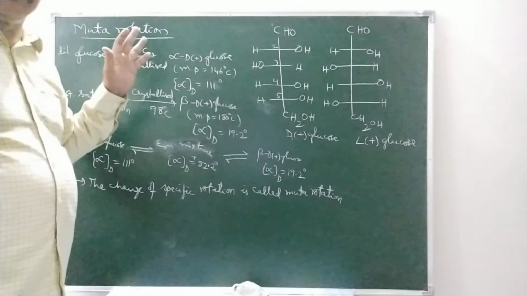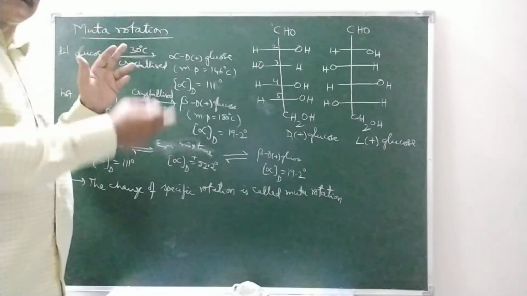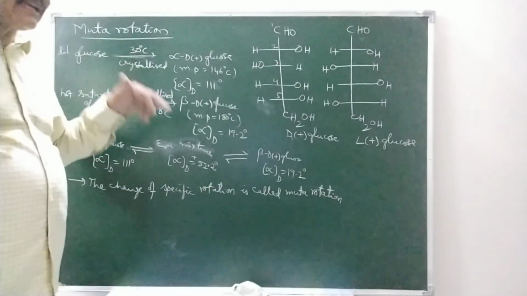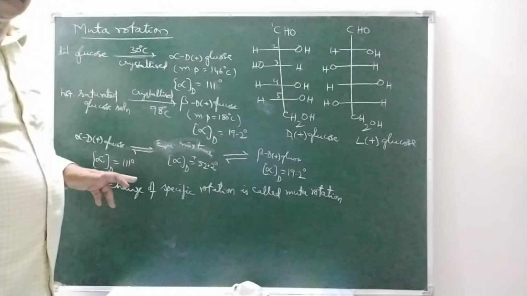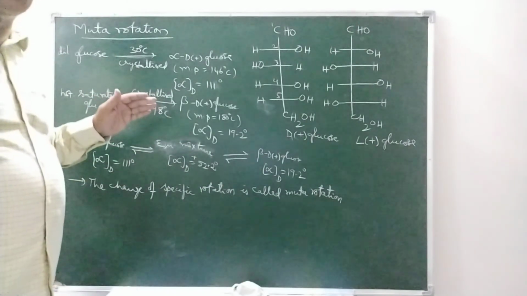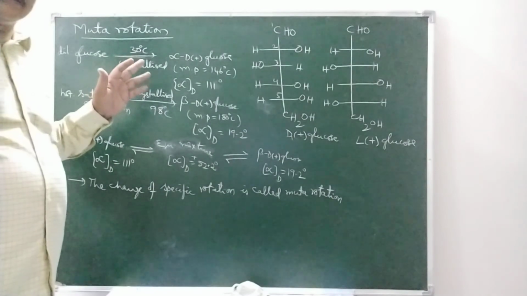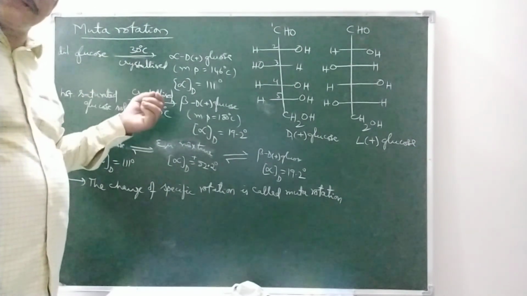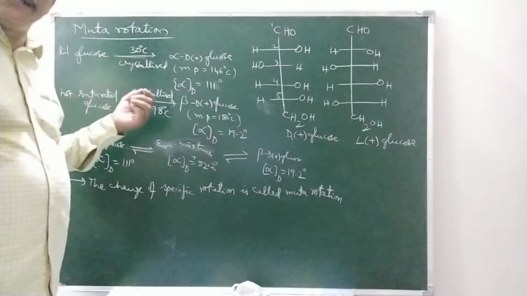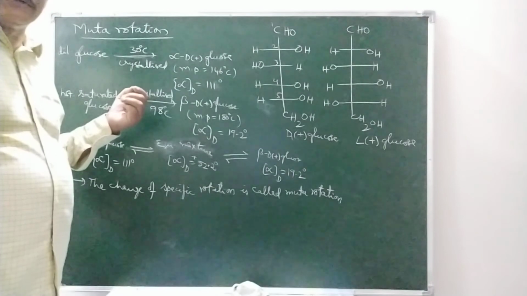At C1, the OH group is present on the right hand side in one cyclic form. First of all, these two will have cyclic forms. Those cyclic forms are responsible for mutarotation, and because they do not react with sodium bisulfite and ammonia, they cannot react with Schiff's reagent.